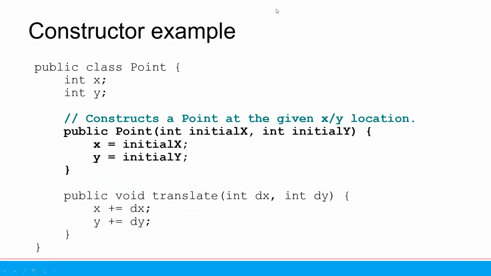We call this a constructor. What is a constructor? A constructor is almost the same as a method, but the method name is the same as the class name. The method name equals the class name.